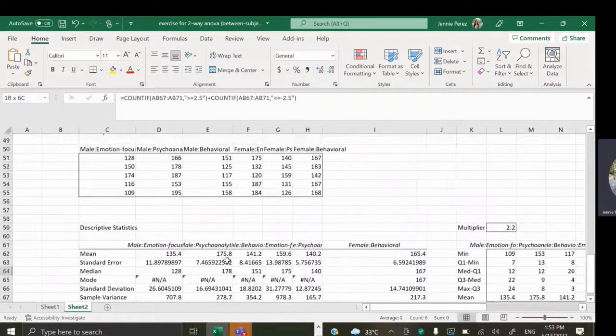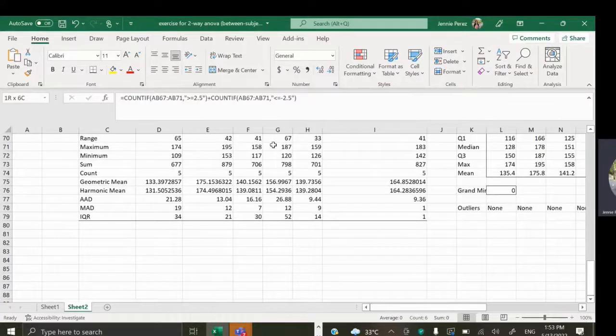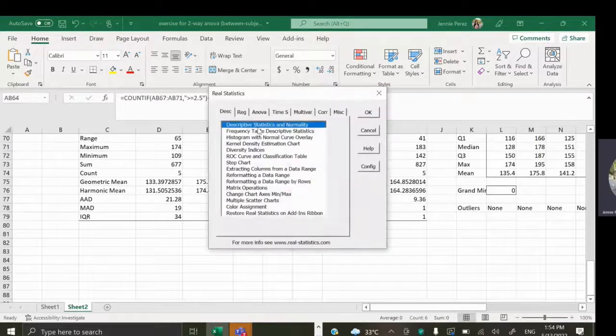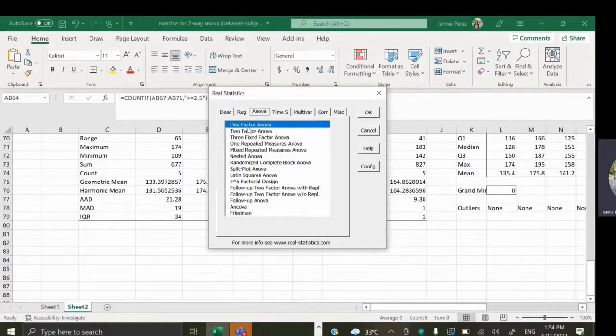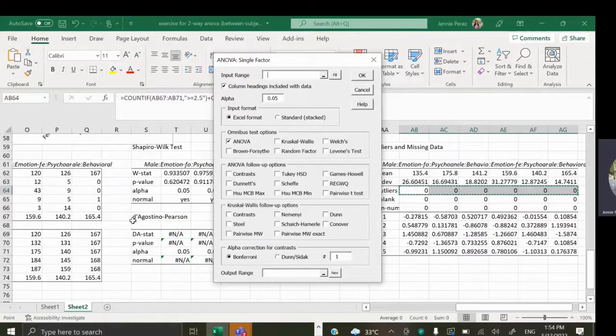Now, for us to check for homogeneity of variance, we click Control M again. Check one factor ANOVA, go back to our input range.